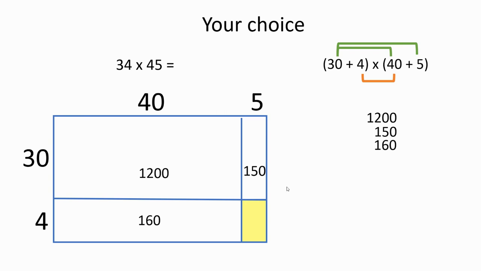And then the last rectangle there, which would be 4 times 5, same thing in the distributive property, 4 times 5, which is 20. Okay, and then you would take all of those and you would add them all up. And with both of these, this is how you would show your work in the slides.